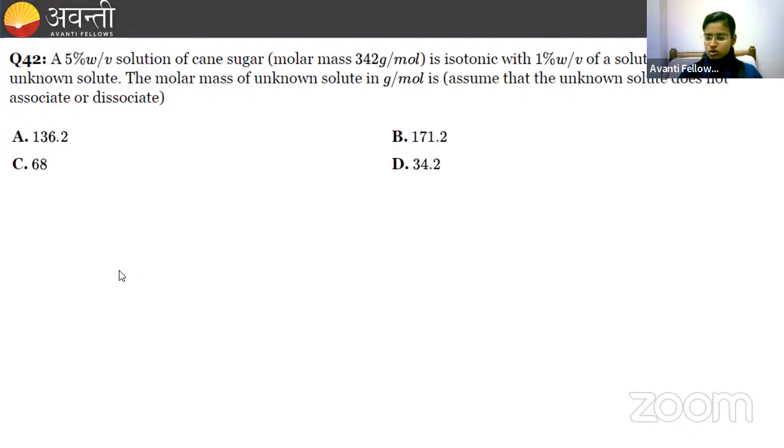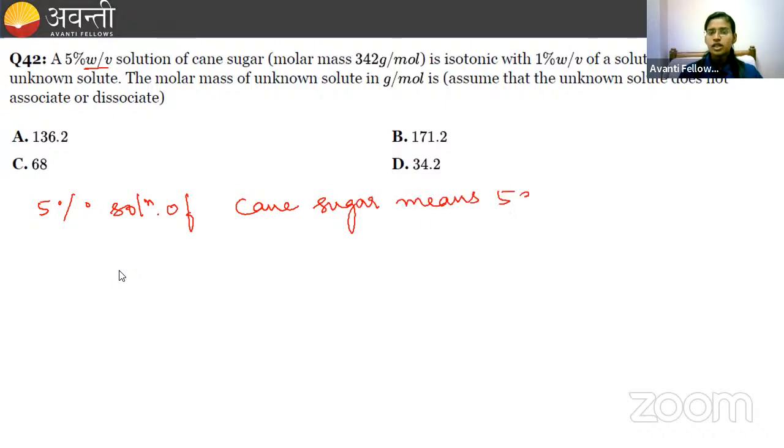Fine. So we are provided with the 5% solution of cane sugar. So 5% mass by volume solution of cane sugar means 5 gram of the cane sugar is present in 100 ml of the solution. This is the meaning. Okay.